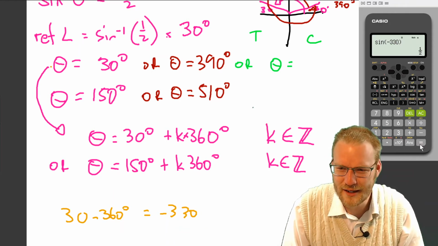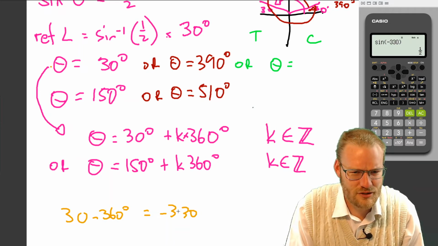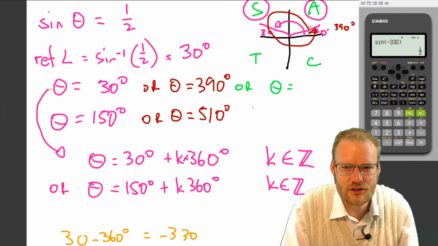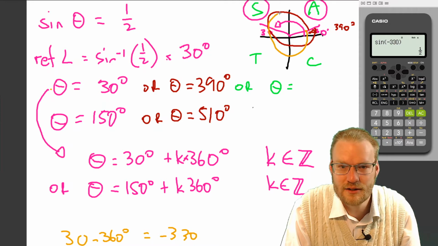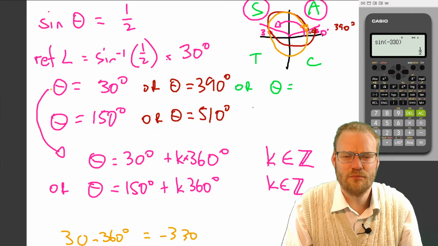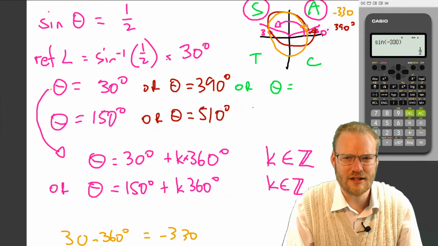No. Equals a half. So in other words, instead of going a positive 360, we could have gone 30 and gone minus 360 and we'd be where we were before. Except we would call this minus 330. Feels a bit weird to call it minus 330, but we are sort of in the first quadrant.